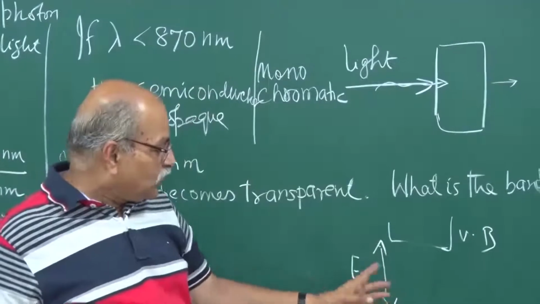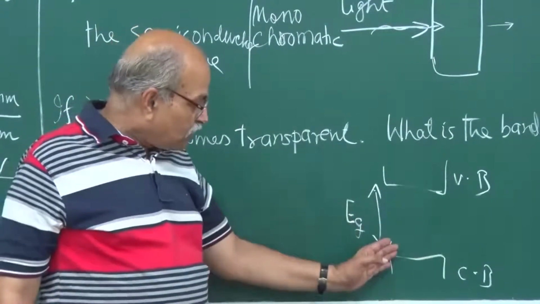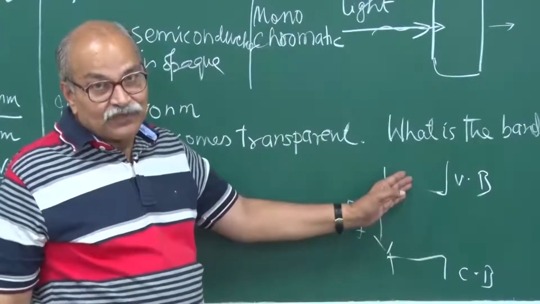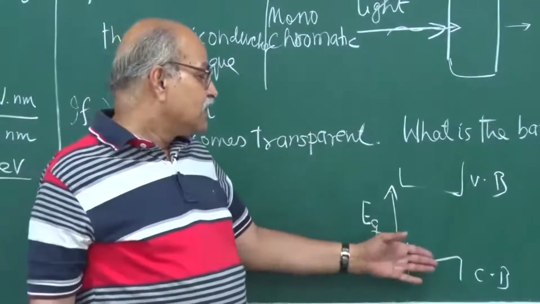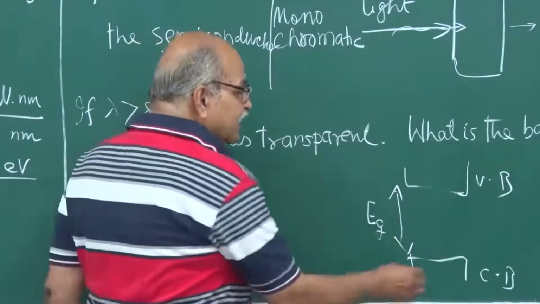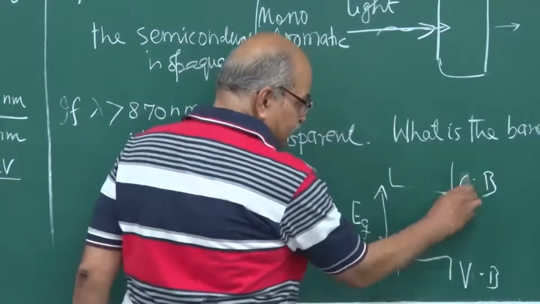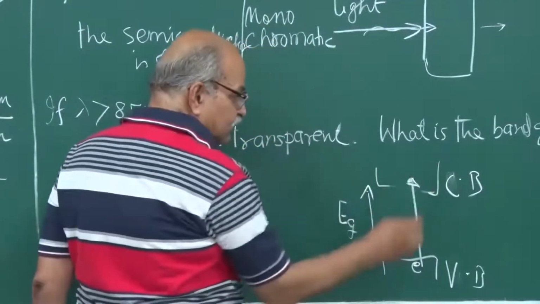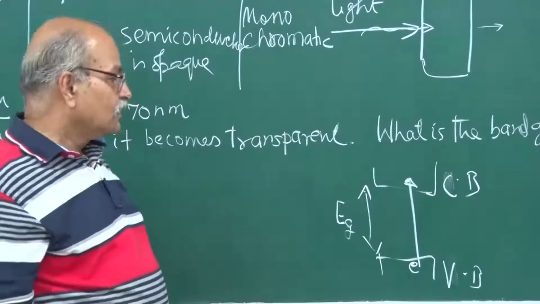So absorb means what, and how can it absorb? It can absorb if the band gap is 1.42 eV. Then this photon of 1.42 eV can get absorbed and can take an electron from this valence band to this conduction band, right?